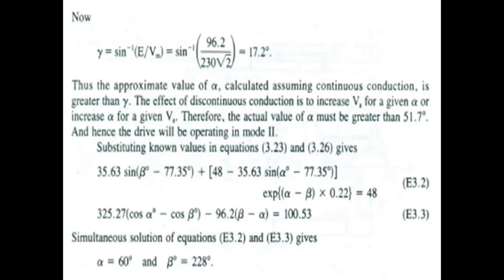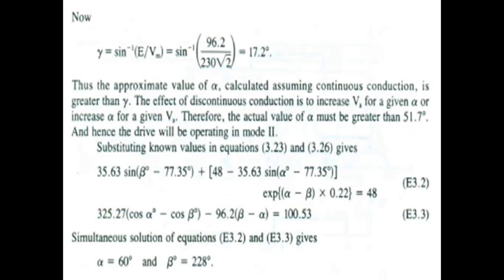Because VA is increased, we have to compulsorily take discontinuous mode. So in order to operate the motor in discontinuous mode, we have to make alpha greater. Already we got 51.7, we have to make it even greater in order to operate in the second mode.